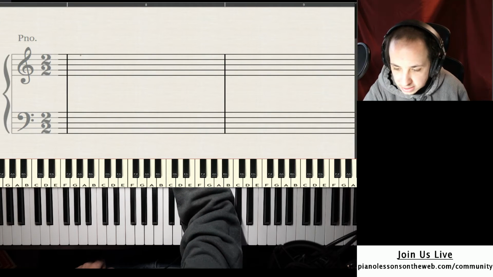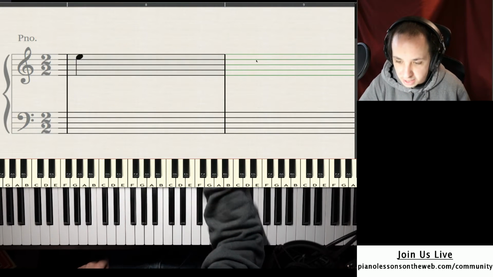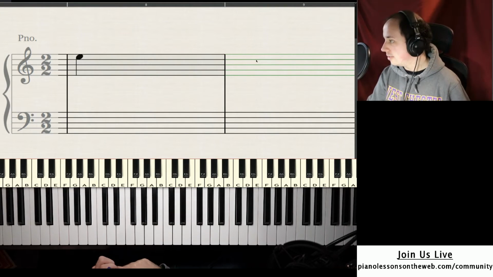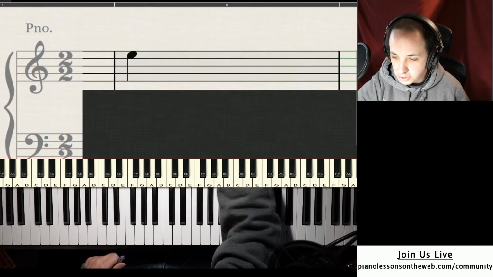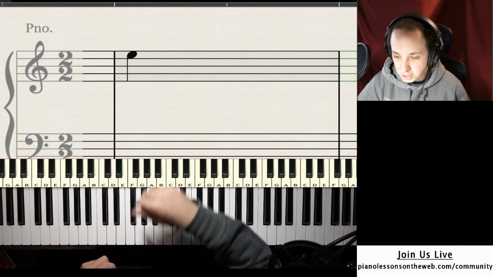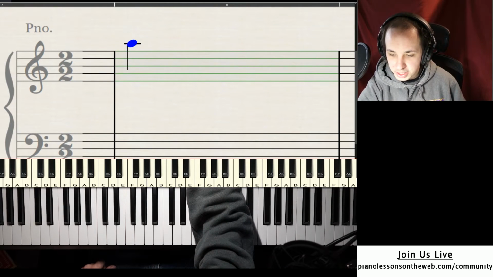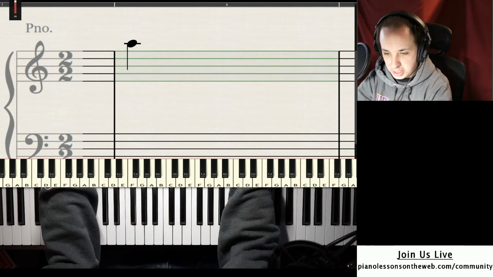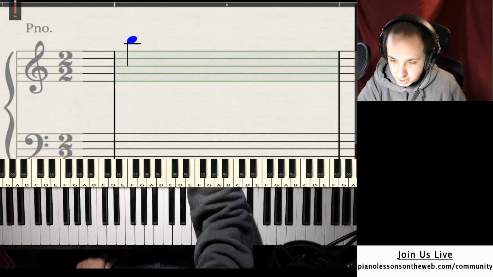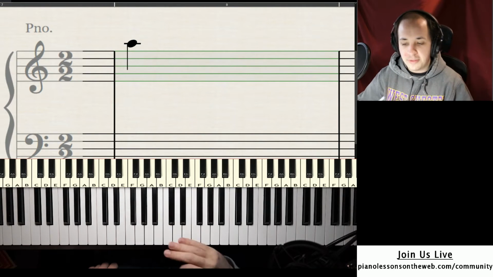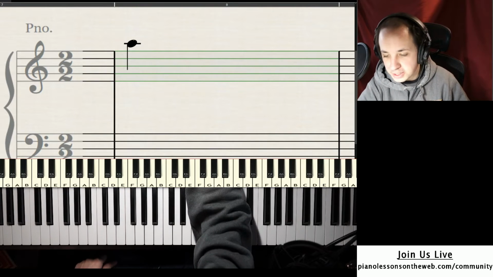So remember that ledger lines are all about reading notes off of the staff when notes are really high up or really low on the staff. Once we hit E here, we're going to continue to go up, and as you see, when you get up off the staff, you have to add these ledger lines to tell where you are.